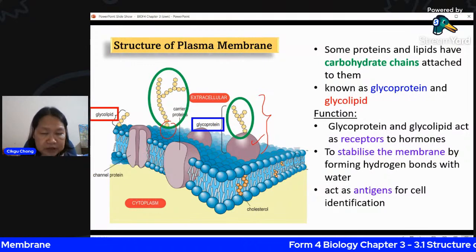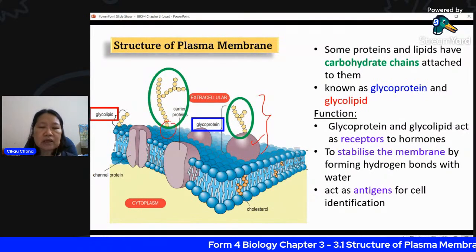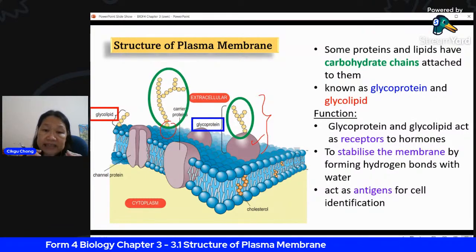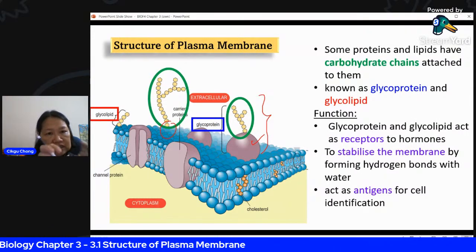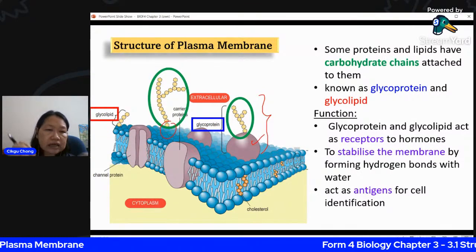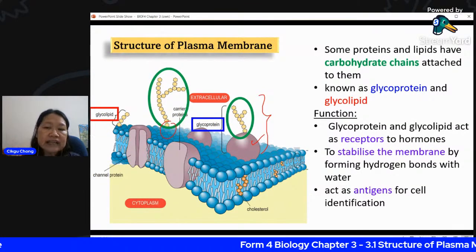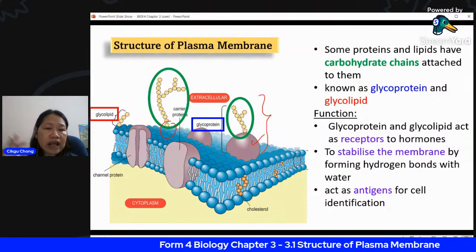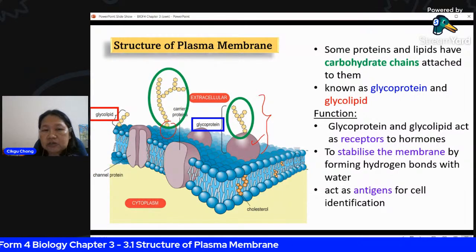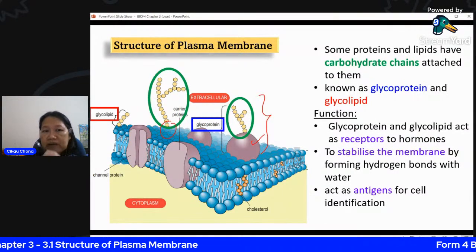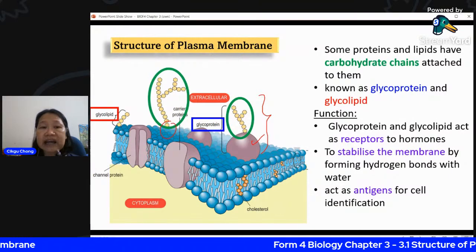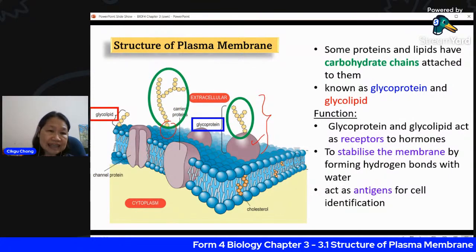Okay, they sound so difficult, right? Okay, let me break it down to you. Antigen is like a marker, right? So when this cell identification, we have this type of glycoprotein and glycolipid on top of it. It is like a marker for the cell. It's able to identify the cell. Okay, whatever substances that you have, the cell has some kind of identification. So every cell is different from each other. So you will have this kind of a chain attached to it that serves as an identification for the cell itself.